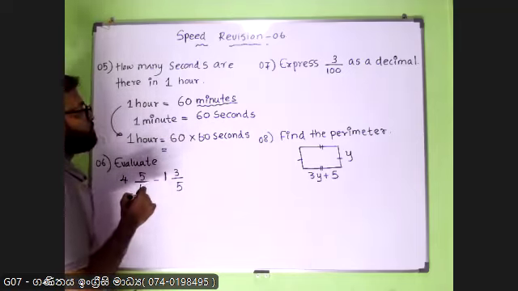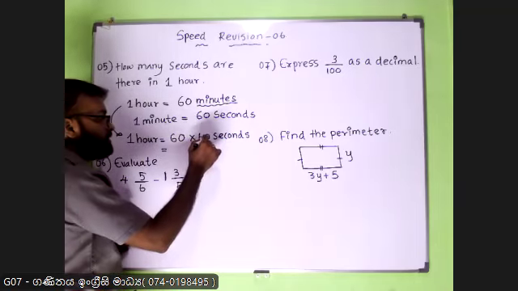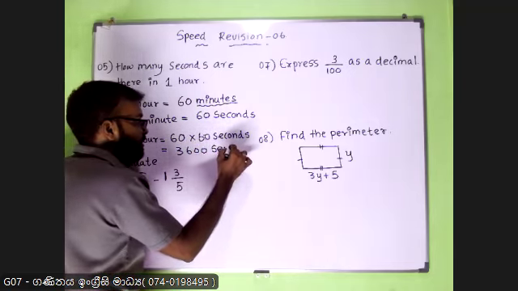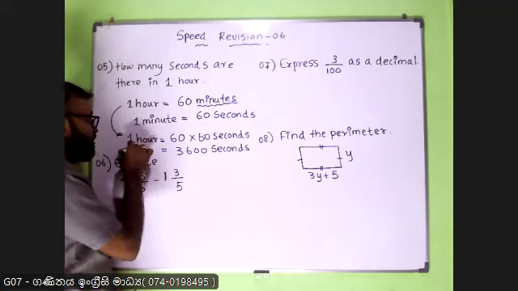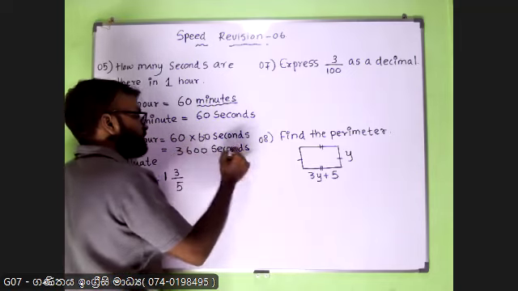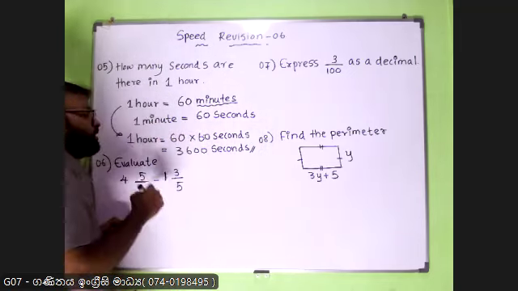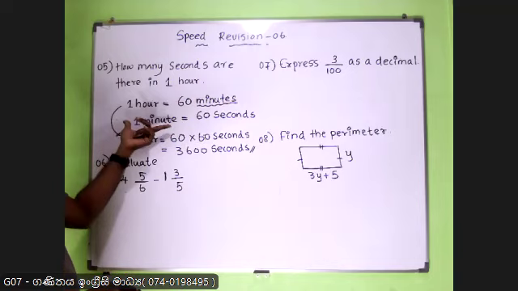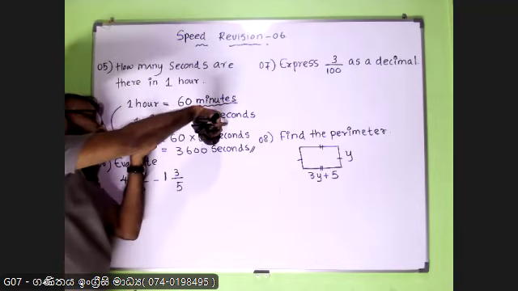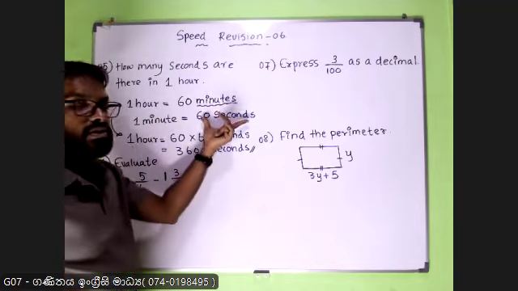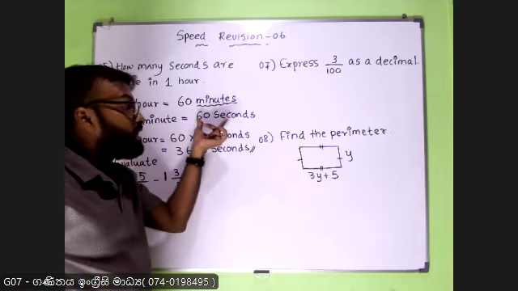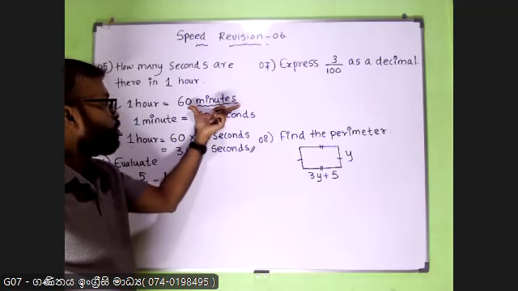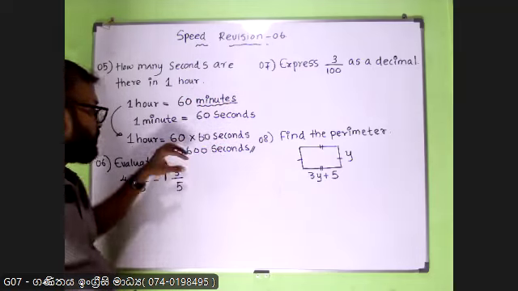So 60 times 60, you will get 3600 seconds inside 1 hour, because 1 hour included 60 minutes and 1 minute included 60 seconds. You have to multiply 60 by 60 seconds to obtain the total seconds included in 1 hour.